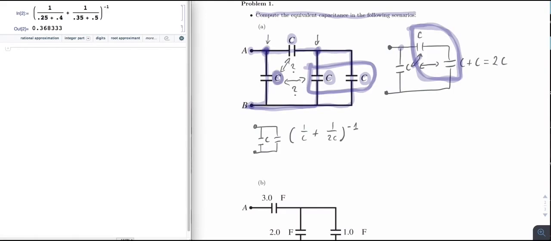And finally, the last one, and what I should say is, now that you've addressed these two that were definitely in series, look what we have. We have no more ambiguity. Well, there's still an ambiguous point in terms of moving from A to B. I can go this way and this way, but the configuration of the last two capacitors here are definitely parallel.